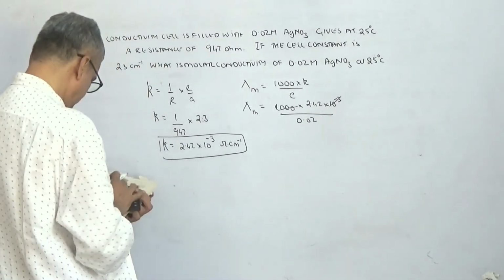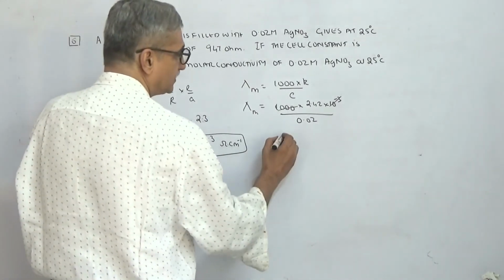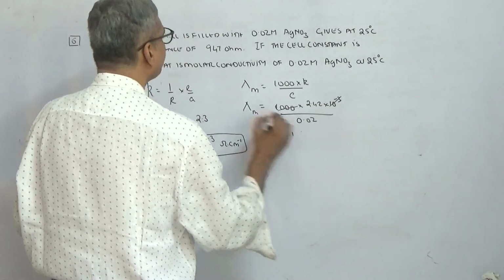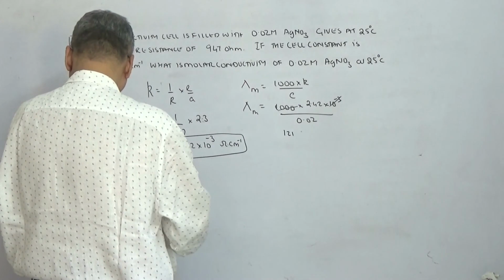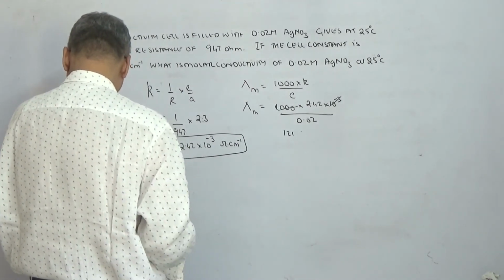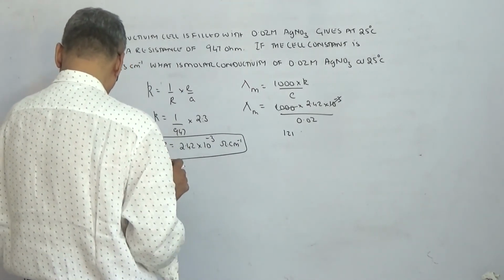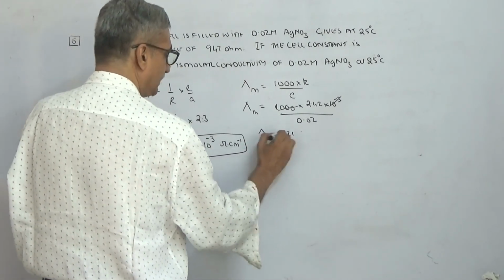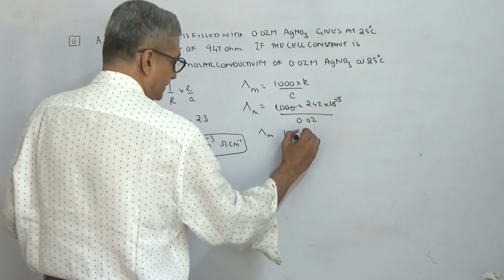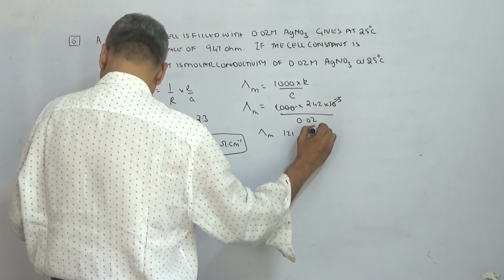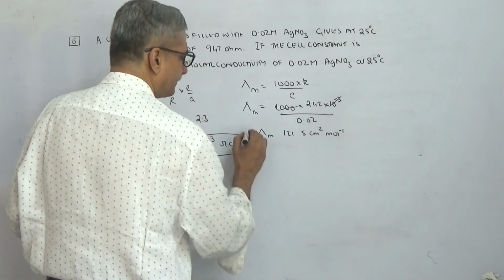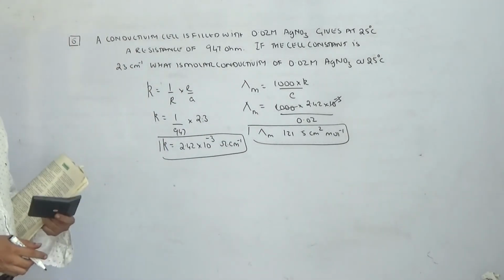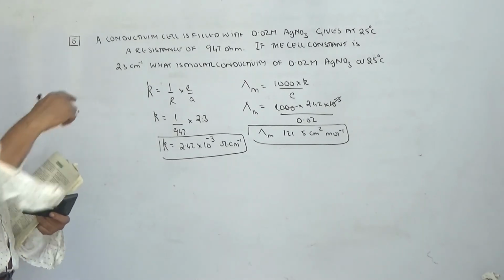So this will be 121 Siemen centimeter square per mole. So this was the sixth sum. Now we come to the seventh sum.